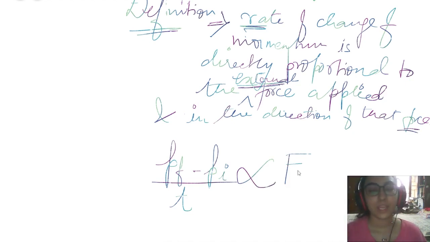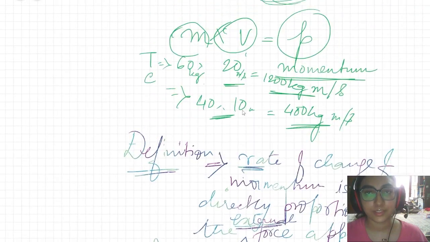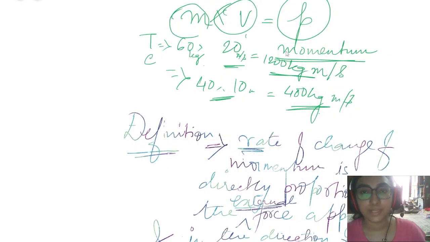Okay. So let's simplify this a little bit. We knew in our previous discussion that P is for momentum, V is for velocity, M is for mass. So let's call this equation number 1.